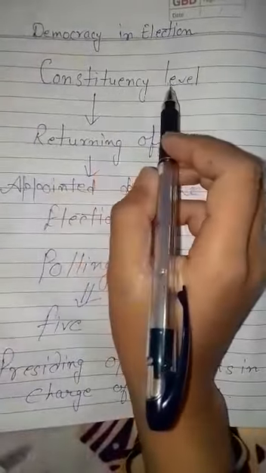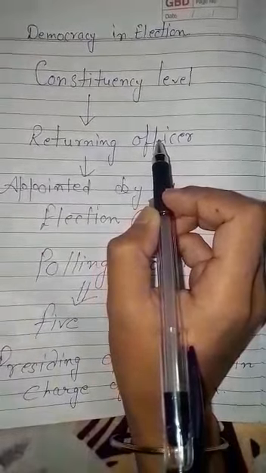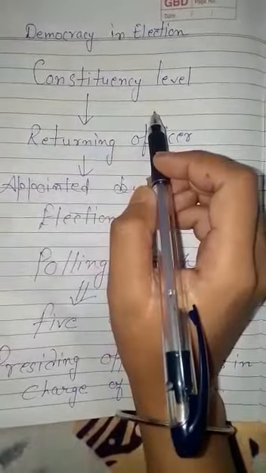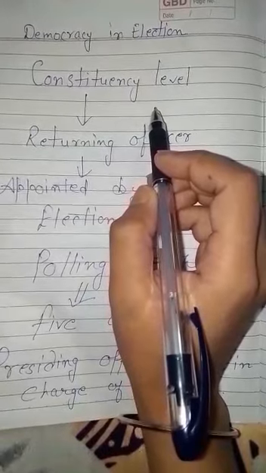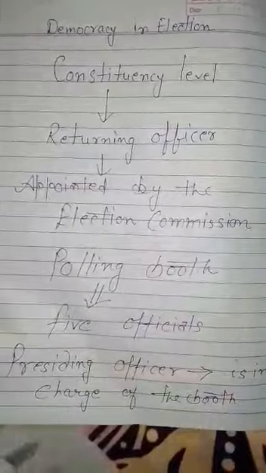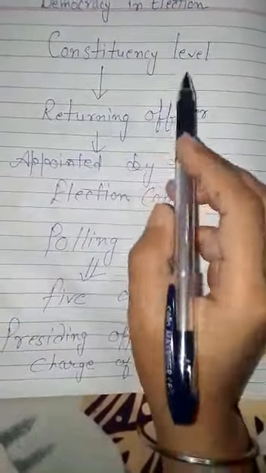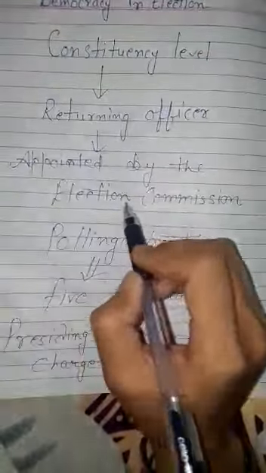At the constituency level, the returning officer is the main official responsible for conducting the election, and this person is appointed by the Election Commission.